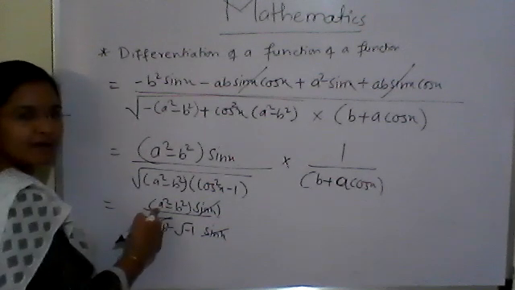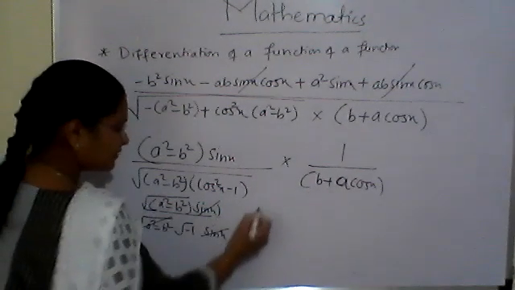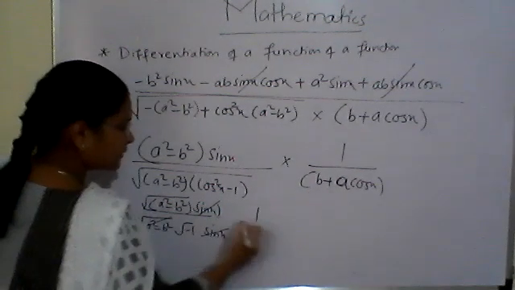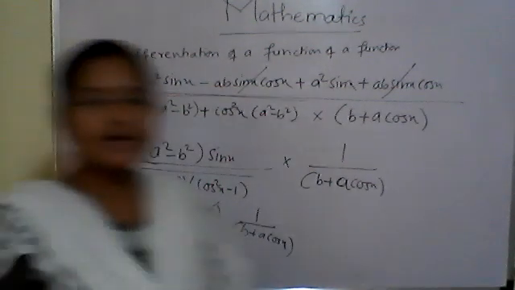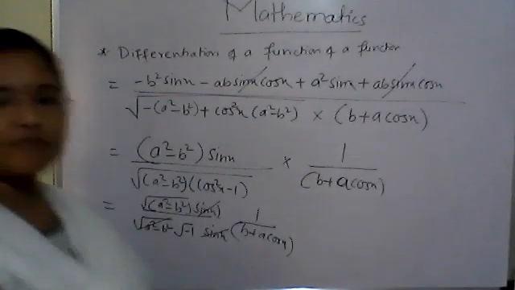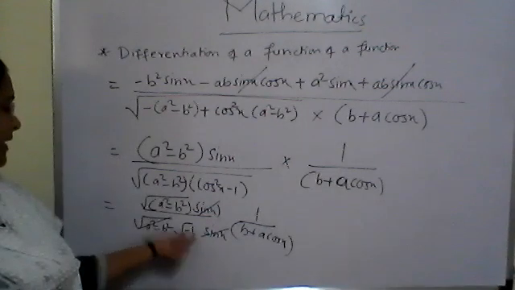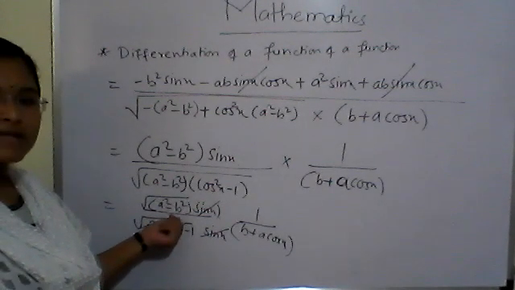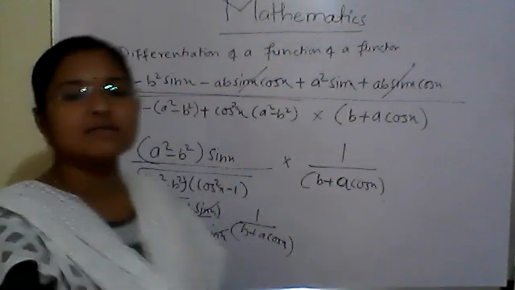So what will be there? Root will be there. If we cancel this, and then what is remaining? 1 upon b plus a cos x. Getting? Any doubt, boys? Derivative of sine inverse of a plus b cos x upon b plus a cos x is equal to this minus divided by b plus a cos x. Getting? Any doubt?